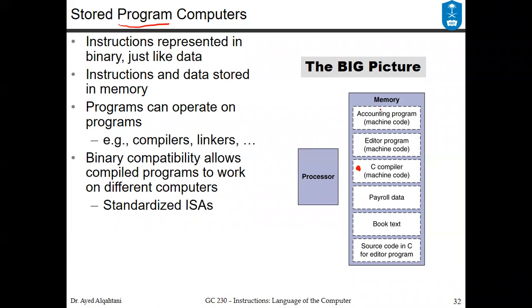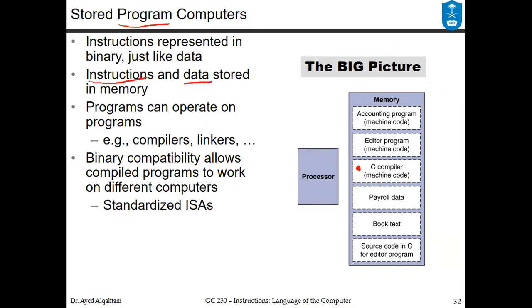Now the memory should have two parts. One part has only instructions, and another part has only data. So the instructions are represented in binary, just like the data. Instructions and data are stored in the memory, but we will find in MIPS that it has two separate memories, one memory for the instructions and another memory for the data.